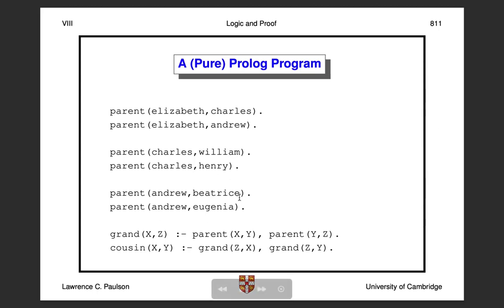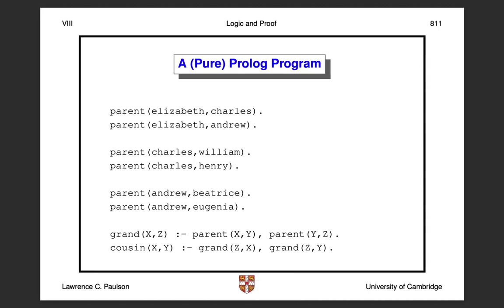Now this so far is pretty boring, but we can do some interesting things with these. We can now define the grandparent relation, and rather than listing the grandparent relations explicitly, we give a way of calculating it. So we say X is the grandparent of Z if X is a parent of Y and Y is a parent of Z. And you see Y is not bound here, so we are not restricting Y in any way.